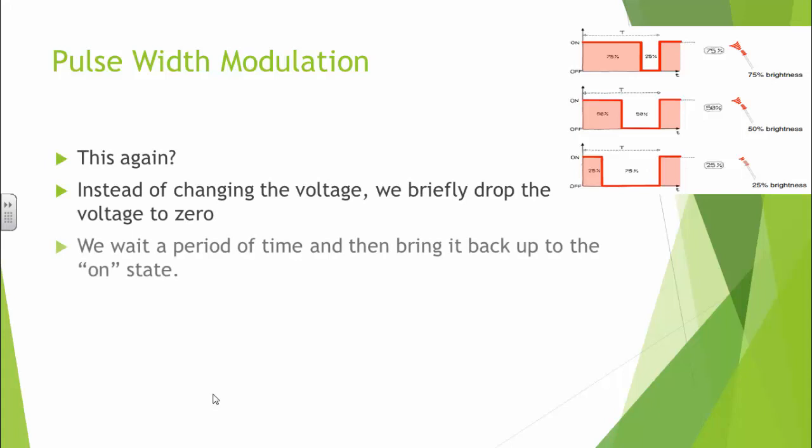So pulse width modulation, we already talked about this, but we have that capacity within there to have 256 different levels of power if we include maximum and 0.